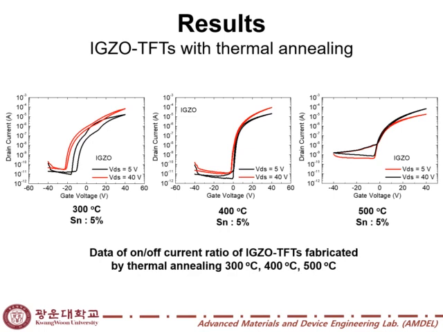The following is a graph showing the results according to the process temperature. This graph shows the case of heat treatment at 300, 400, 500 Celsius degrees when tin is 5%.